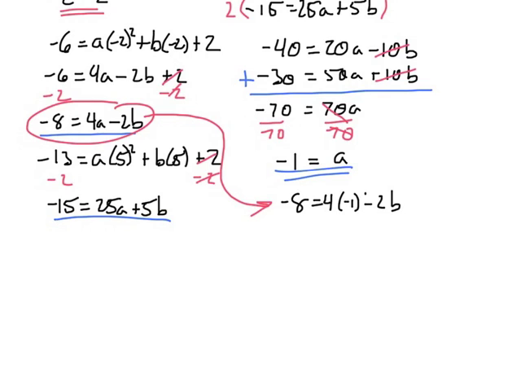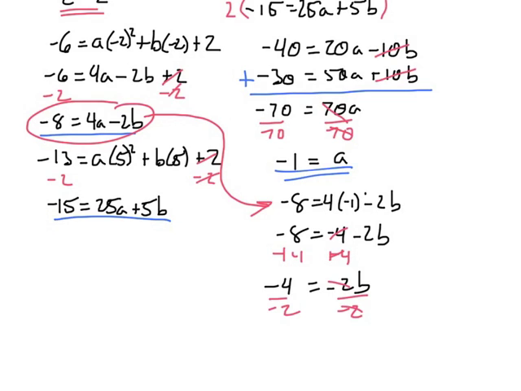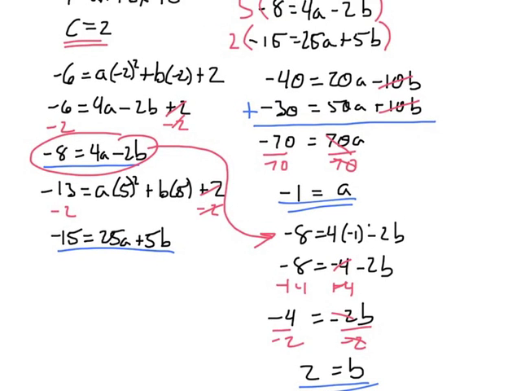And we solve. Add 4. Divide by -2. I'm speeding up so that you guys can get to lunch here. So b equals 2. Well, therefore, we know our c value is 2.